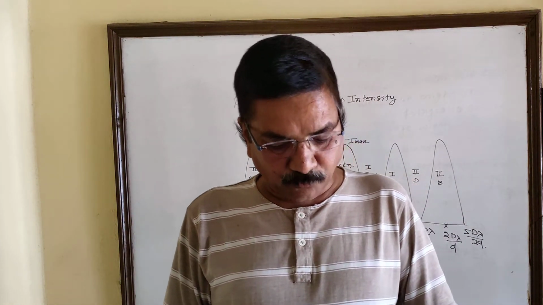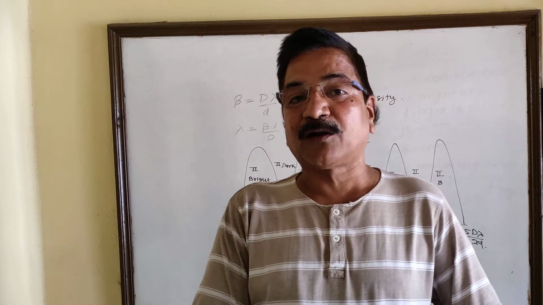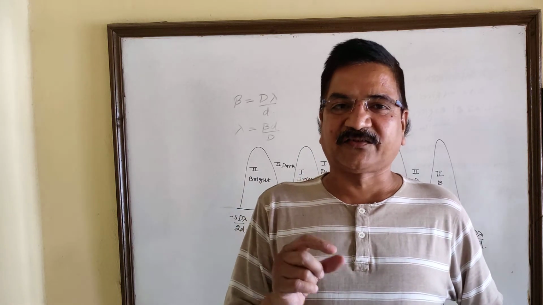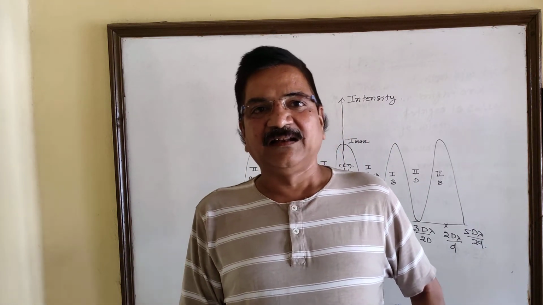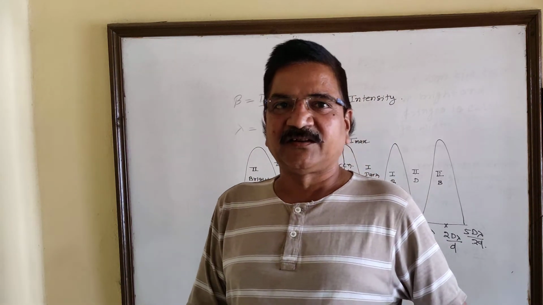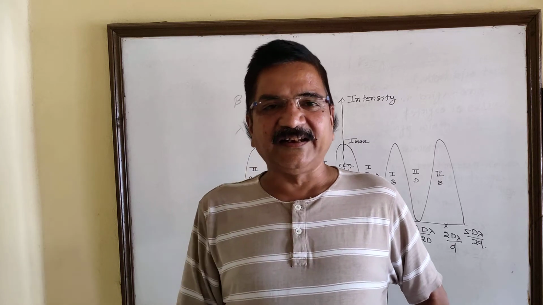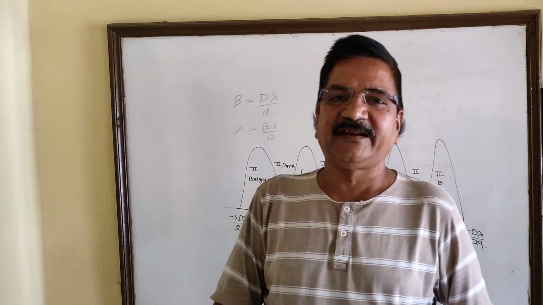Next, the two sources should be narrow, meaning fewer light rays should come out from the slits, because if more light rays come from the slit, then the interference pattern will not be proper. It will get mixed, so you can't easily distinguish between the maximum and minimum intensity points.